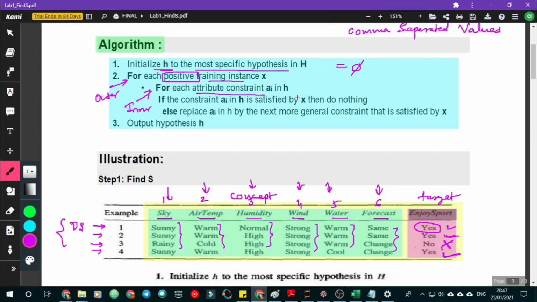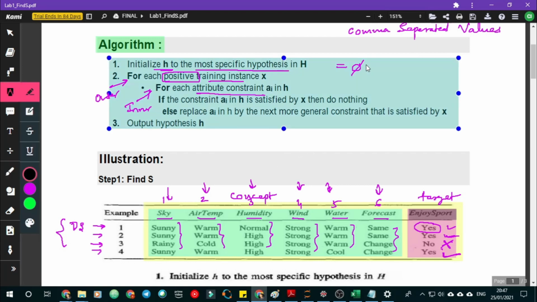Then what exactly are we here to find out? The hypothesis, right? Our hypothesis was the null hypothesis, and we need to make it a specific hypothesis. Null is the most specific hypothesis, before reading any data sample.